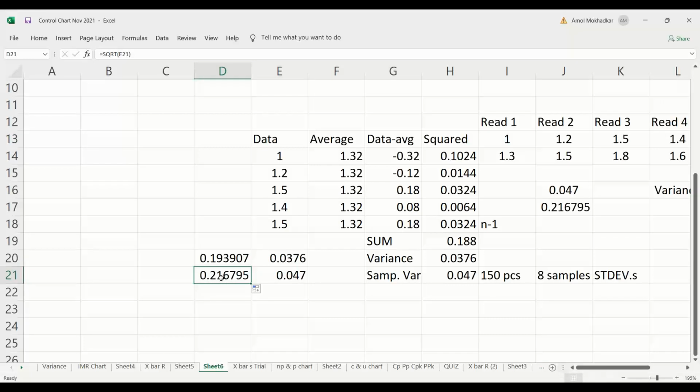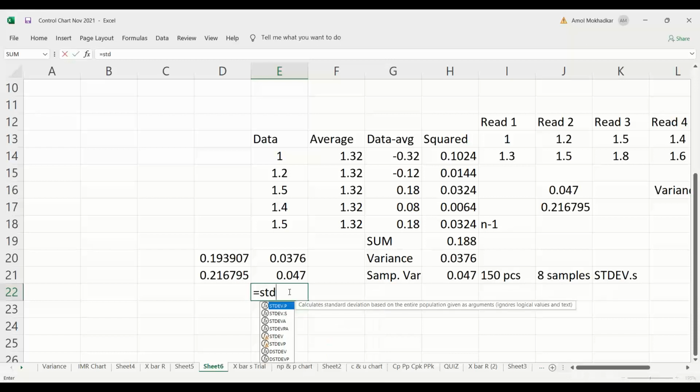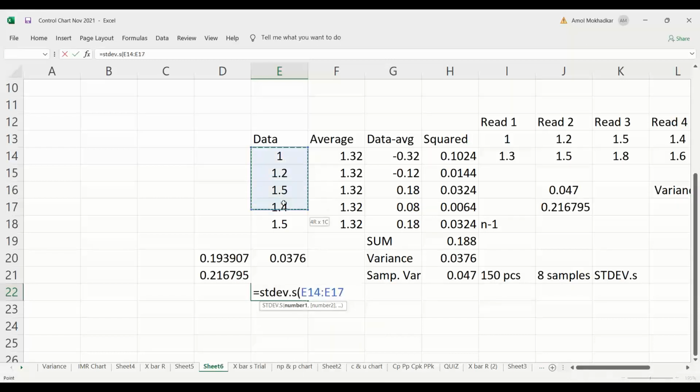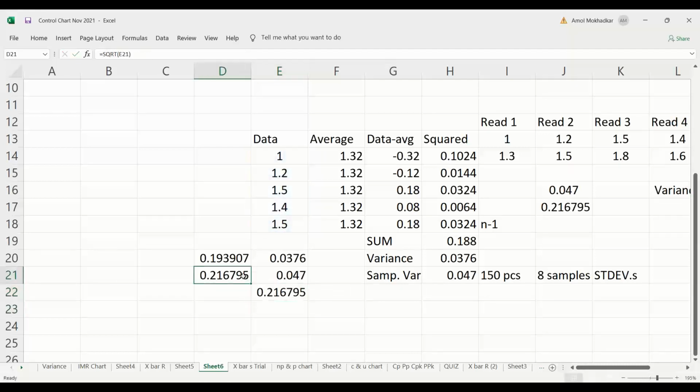So either you go by calculating the variance and then taking the square root, or you directly use the formula STDEV.S and select the data, and you will get the same value, 0.216795.